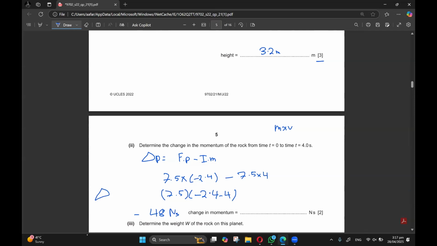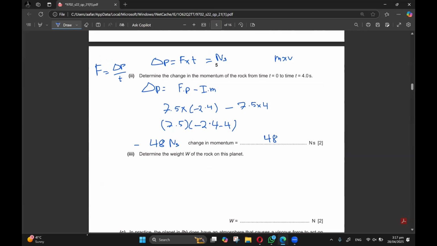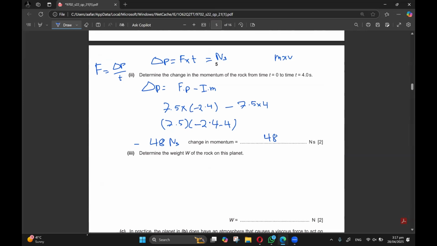That's the unit of momentum: resultant force is equal to change in momentum over time, so the change in momentum is basically force into time. That's where it gets its units from, Newton second. Since they're asking for change, we can write 48 only. We don't need to write the negative sign. If you write it, it's not a problem, hopefully, inshallah.